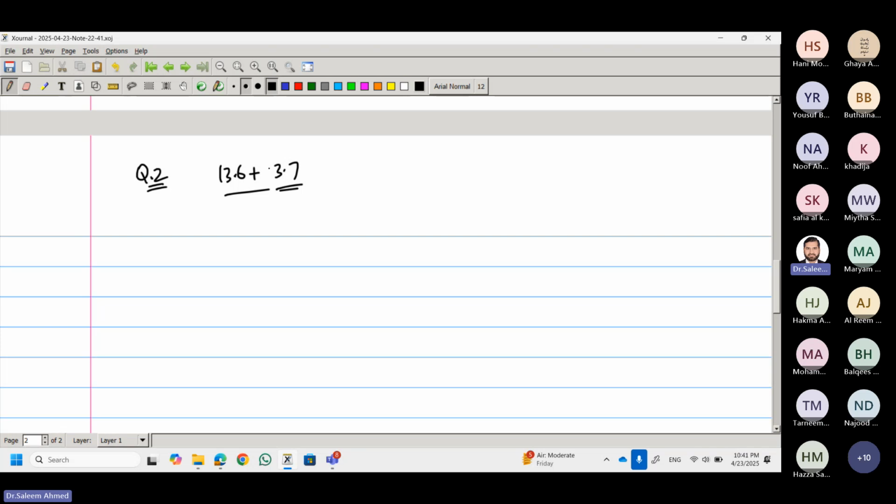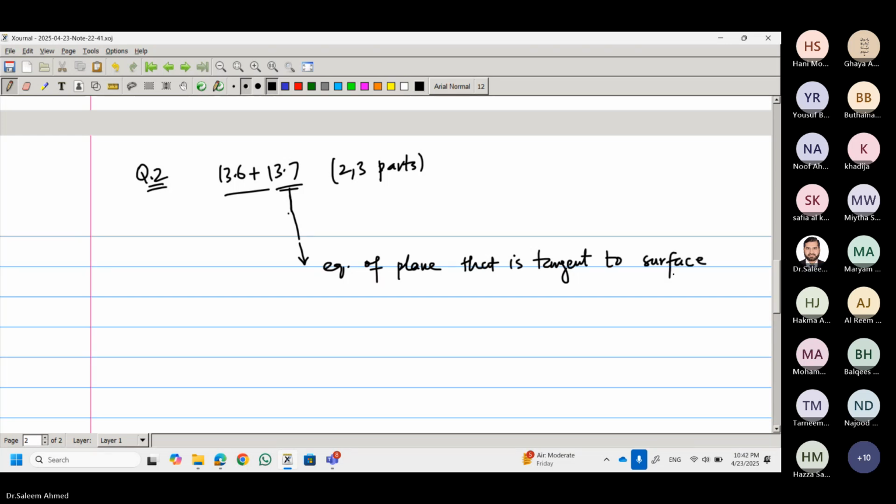So I wrote that 2-3 parts from here. And why 2-3 parts? Because I left some space here. The reason is I said equation of plane that is tangent to the graph of surface z is equal to f(x,y) at the point P. At a point P, which is x naught, y naught, z naught.